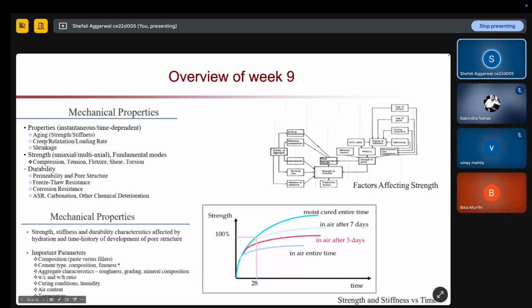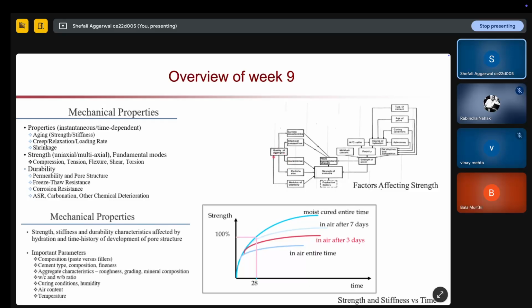These are the important parameters we look into before thinking about the mechanical properties of the concrete. Now, the first thing is the strength of our concrete: what are the various factors affecting it? If you see here, the strength of the concrete depends first on the quality of aggregates.